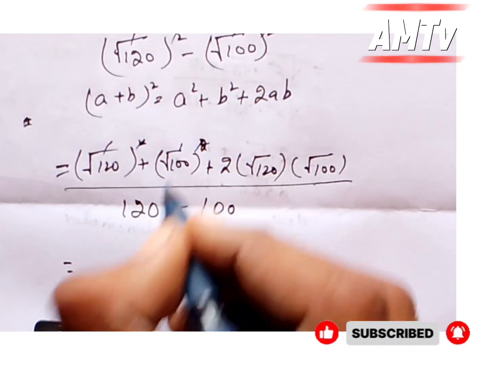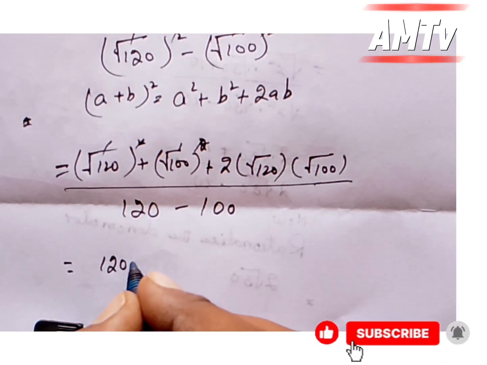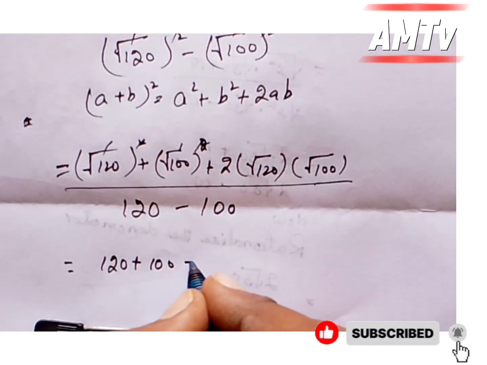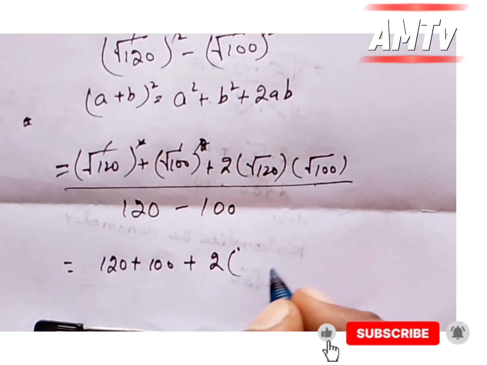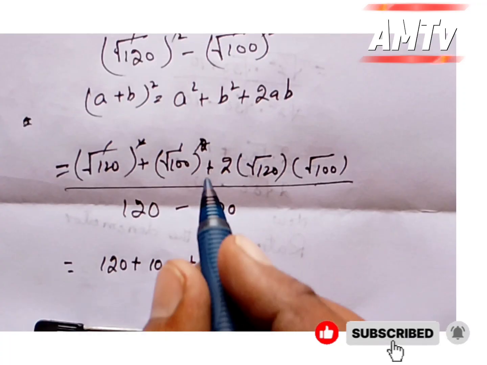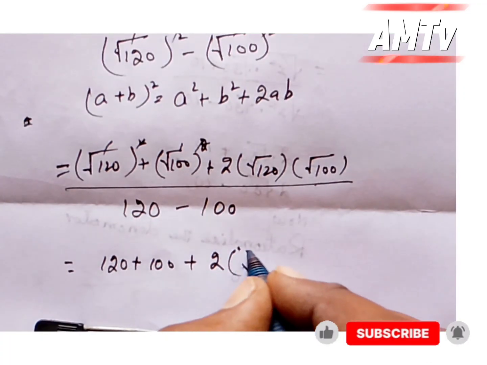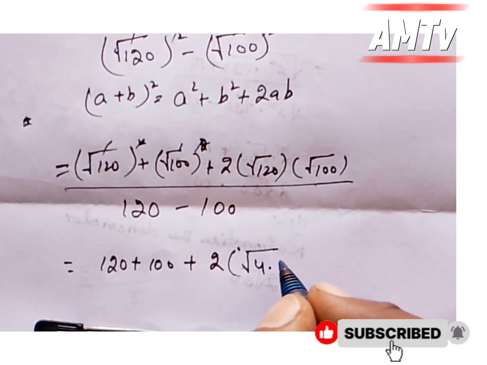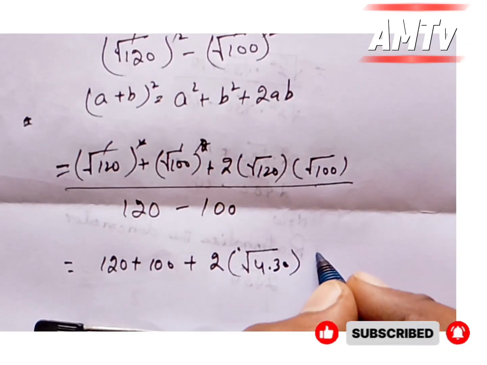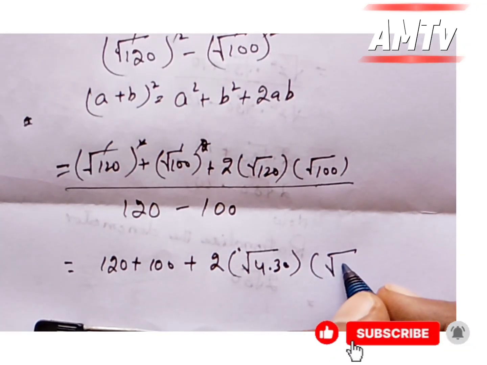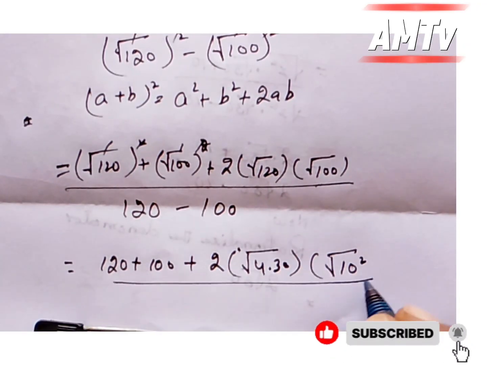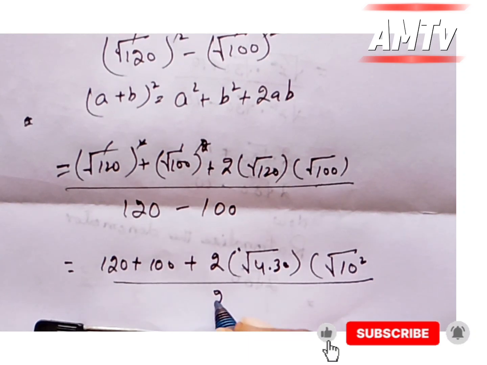Square and root cancel: 120 plus 100 plus 2 into, we can write this as 4 into 30 and this is the square root of 10 square, divided by 20.